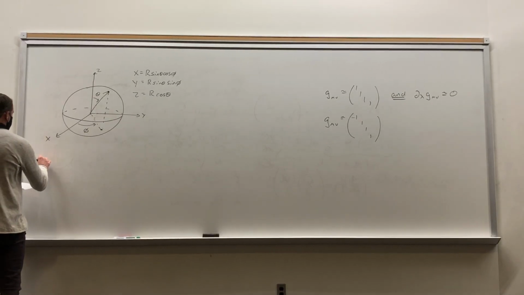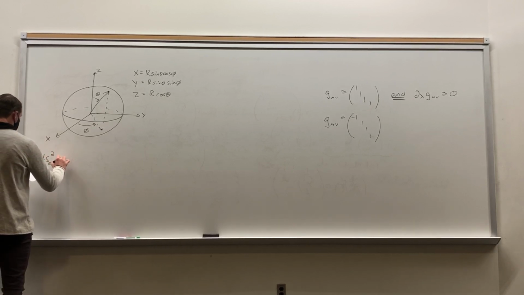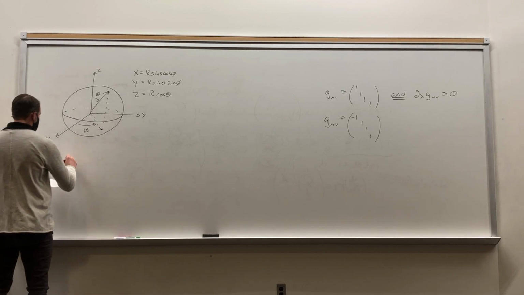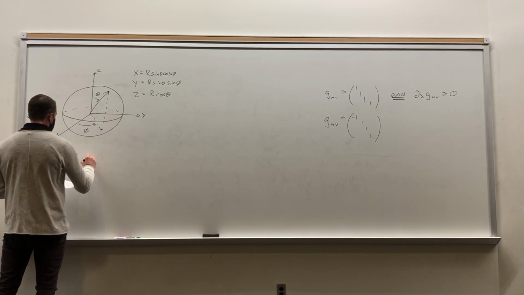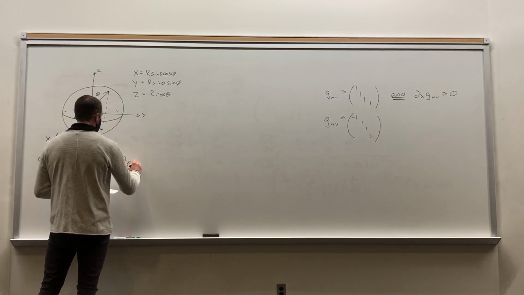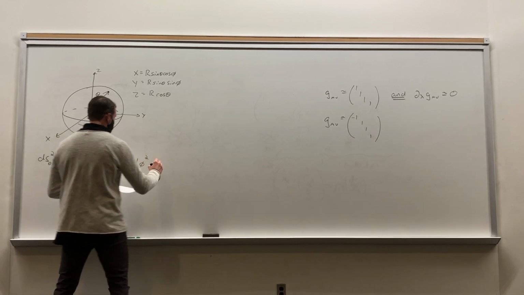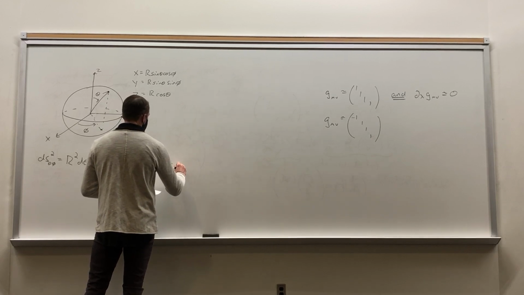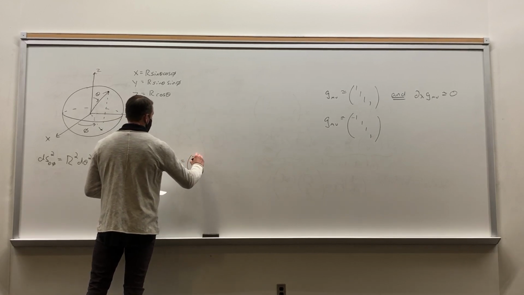And then we know that the metric on the sphere, which I can write as a line interval, is r squared d theta squared plus r squared sine squared theta d phi squared, which of course just tells us that this is the metric I wrote earlier.